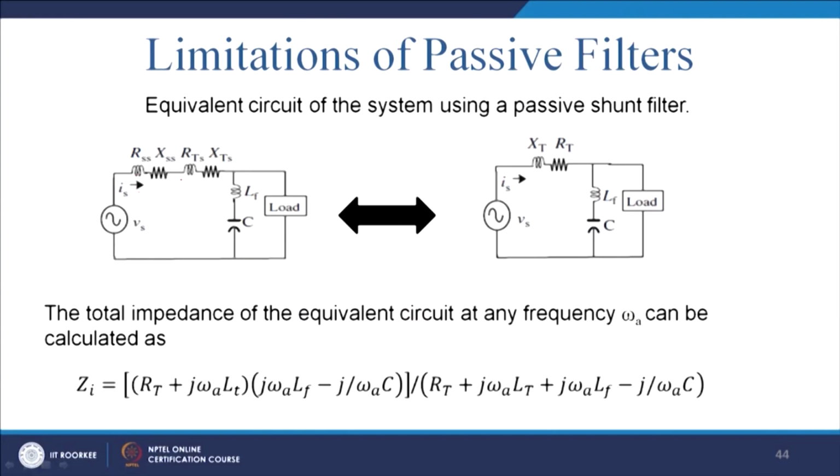You have Rs and Xs, that is the source part, thereafter the leakage part of the transformer, and this is the filter. Ultimately if you combine, you neglect the source inductance, being negligible in a stiff source. So, with XT, RT and Lf, Cf, the total impedance of the equivalent circuit as a function of omega can be written, and it may be a resonance at some particular frequency accidentally.